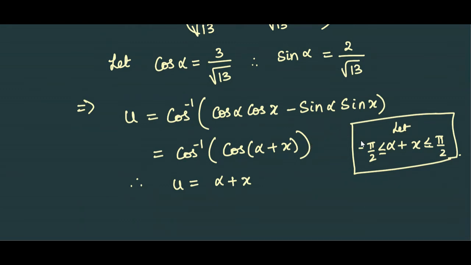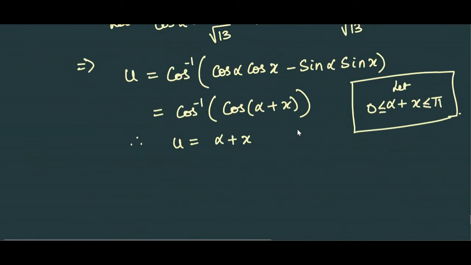Not minus pi by 2 to pi by 2. It is actually 0 to pi, I'm sorry, for cos inverse cos. Assuming this lies between 0 and pi, you get this. So u is alpha plus x.